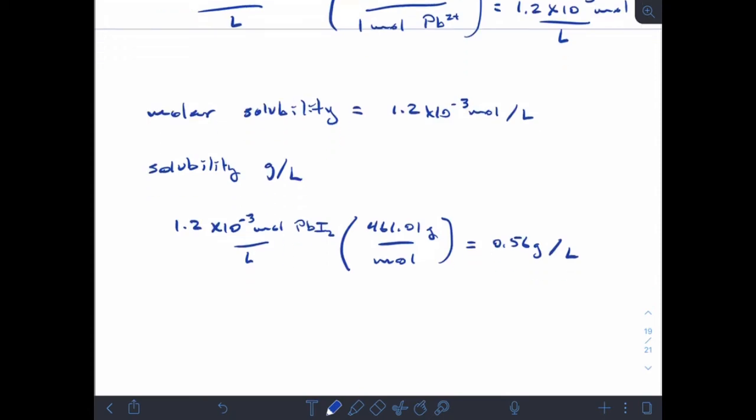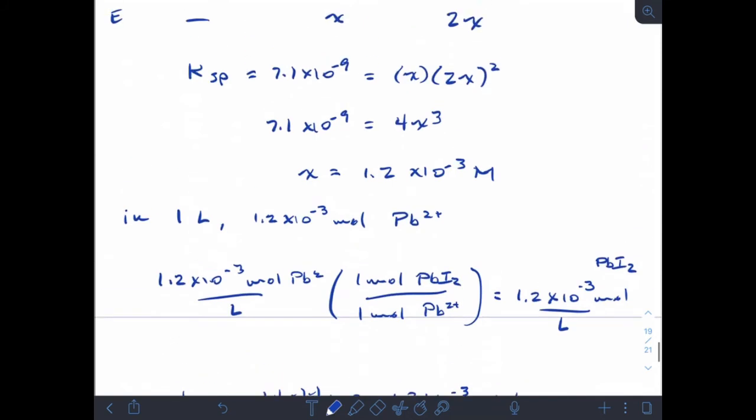Right? This means that 0.56 grams of lead iodide will dissolve in 1 liter of water. Okay, so coming back to the ice table.